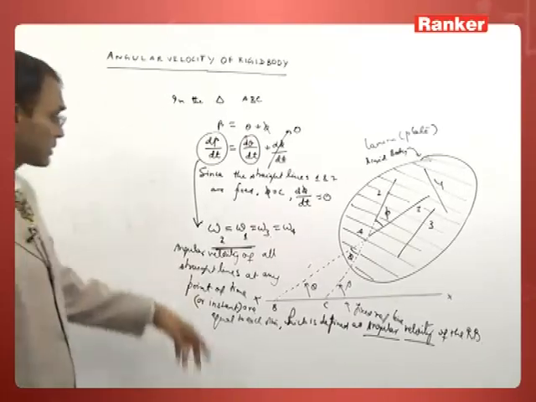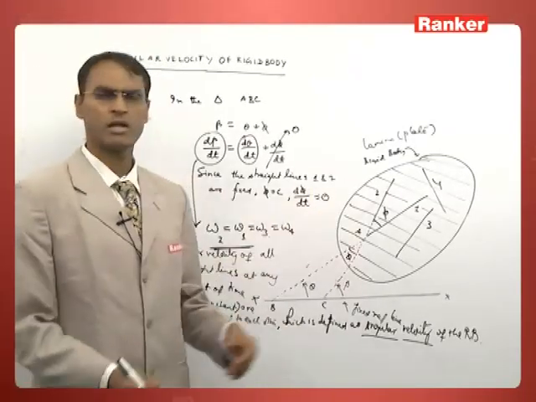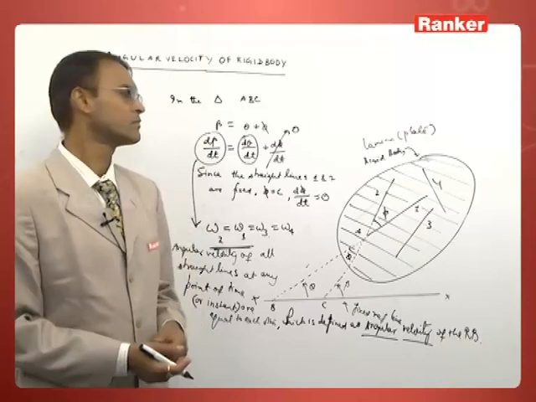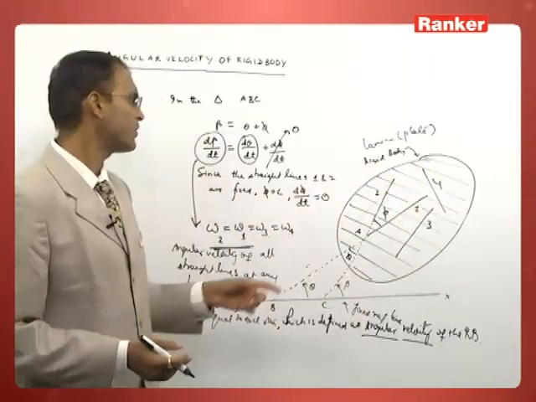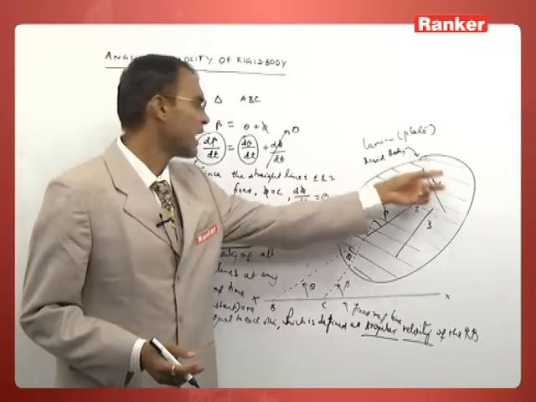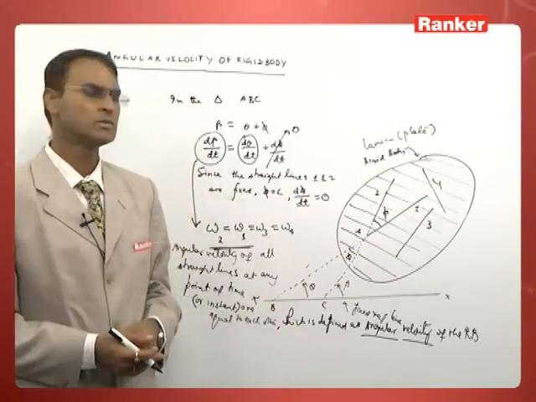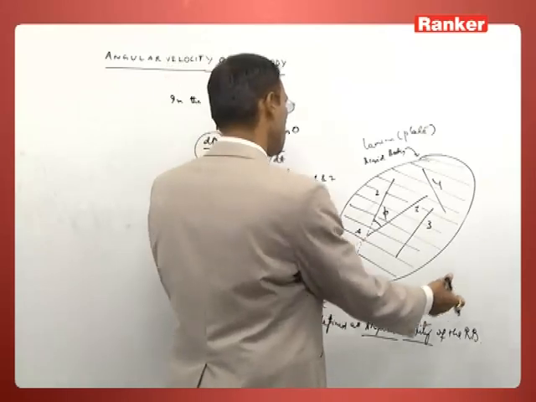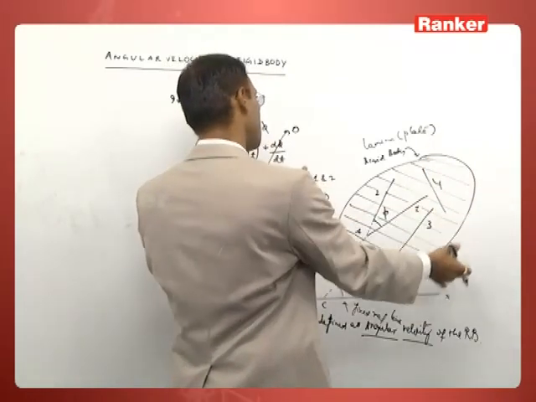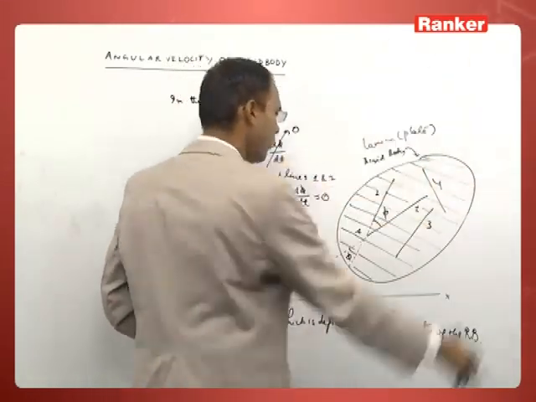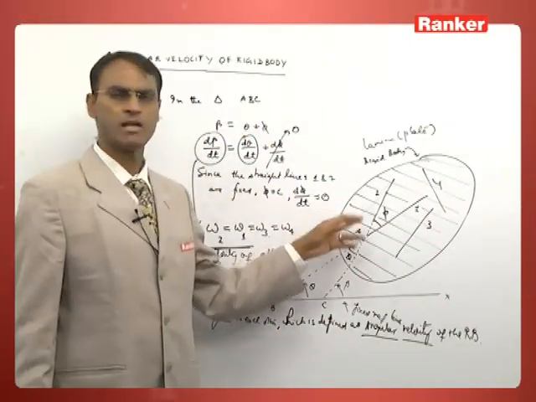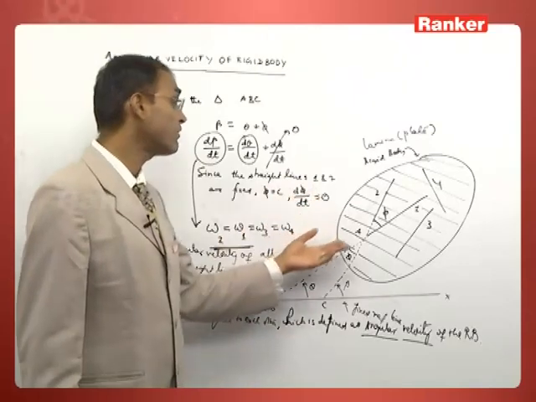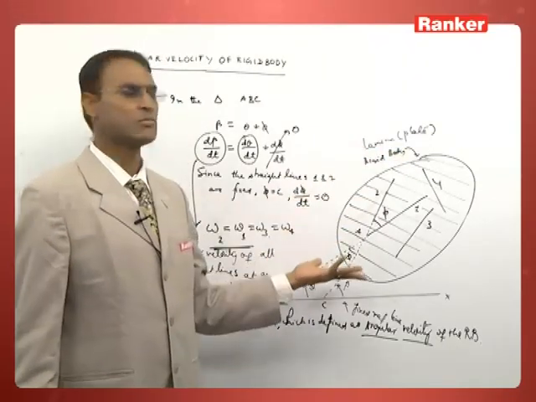So, when somebody asks you what is the meaning of angular velocity of the rigid body, for this assumption of the laminar structure of the plate-like rigid body, when it changes its angular orientation or when it rotates in this plane of the board, we can define its angular velocity as the angular velocity of any straight line drawn inside the rigid body.